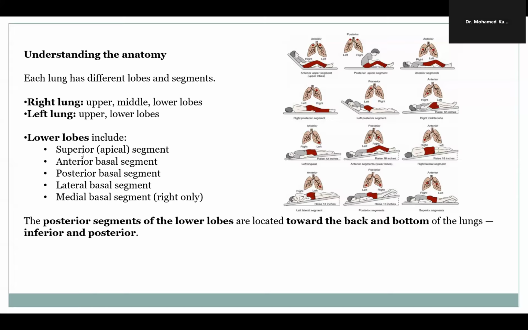So we have the superior or the apical segment, the anterior basal segment, the posterior basal segment, lateral basal segment, medial basal segment. This is only on the right lung. So the posterior segments of lower lobes are located towards the back and bottom of the lungs, which is inferior and posterior. Now I understand briefly the anatomy of the lung and what segments I'm going to drain.